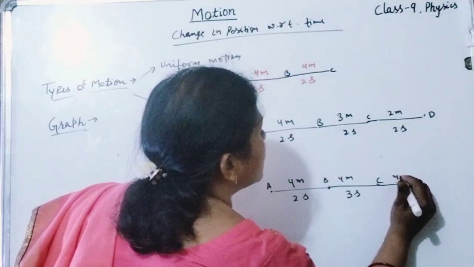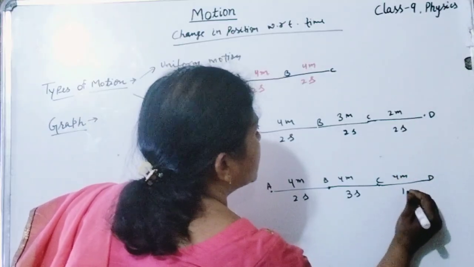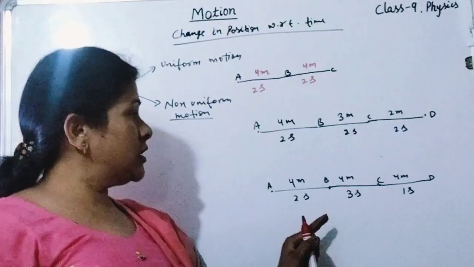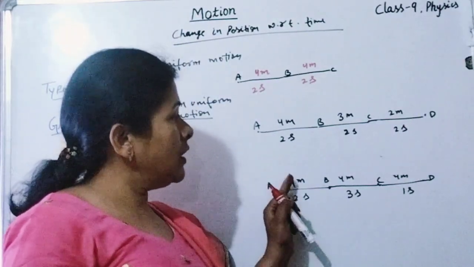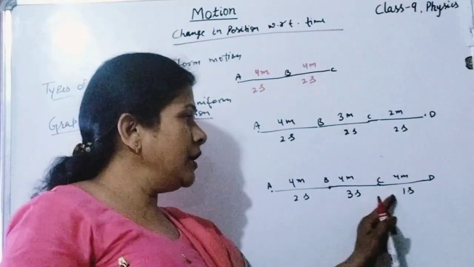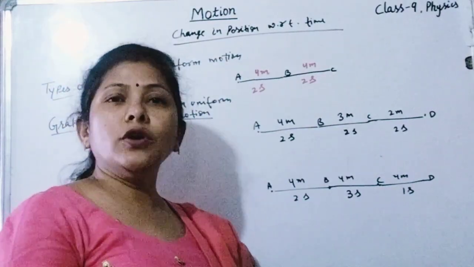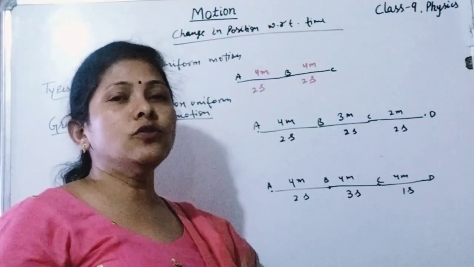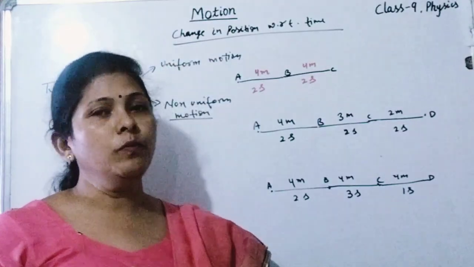And the next 4 meter, it will cover in 1 second. So in this situation it is very clear that objects cover equal distance in unequal interval of time. In both cases, speed is not uniform. Motion is not uniform. So such type of motion is non-uniform motion.